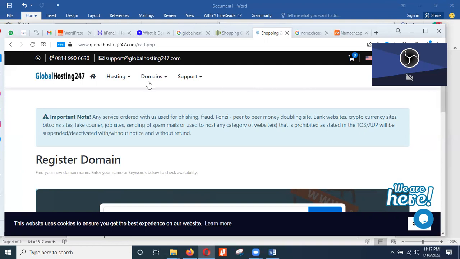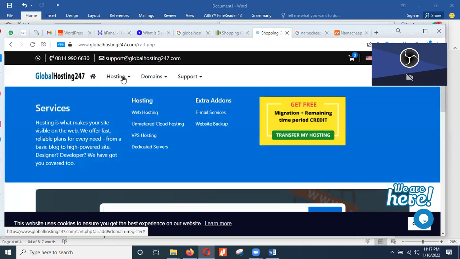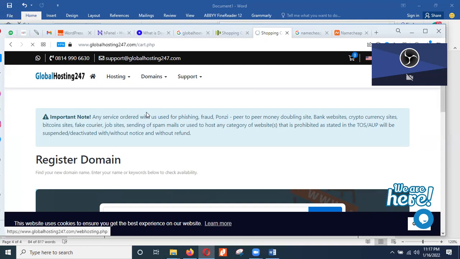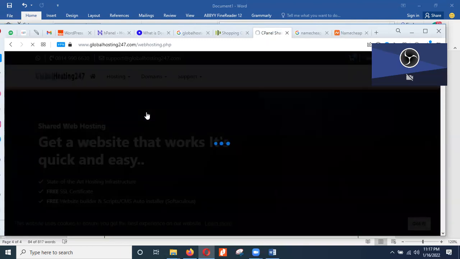Now let us look at some of the hostings that we have. We have a lot of hosting, but I'm not going into details with the types of hosting. Let me choose web hosting and see what you have to know about hosting.